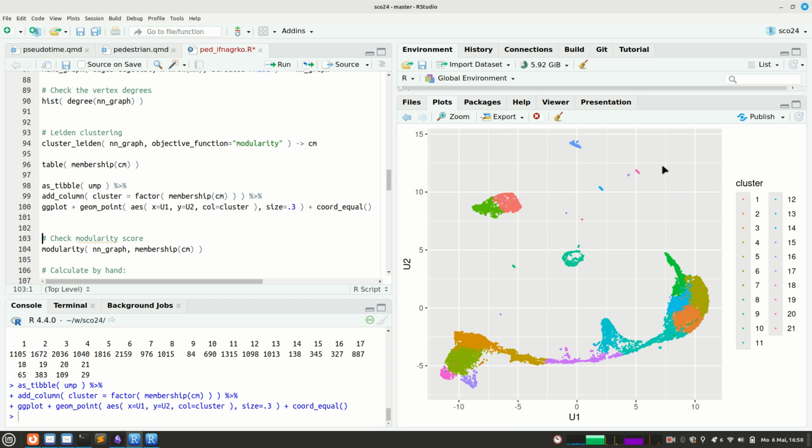In mathematics, we would probably not use the term cluster, because there a cluster means we have a point cloud, lots of points in our 15-dimensional space, and then there's one area where the points are much denser than elsewhere, and this is what we typically would call a cluster. Here, as you can see, every point was assigned to one color.